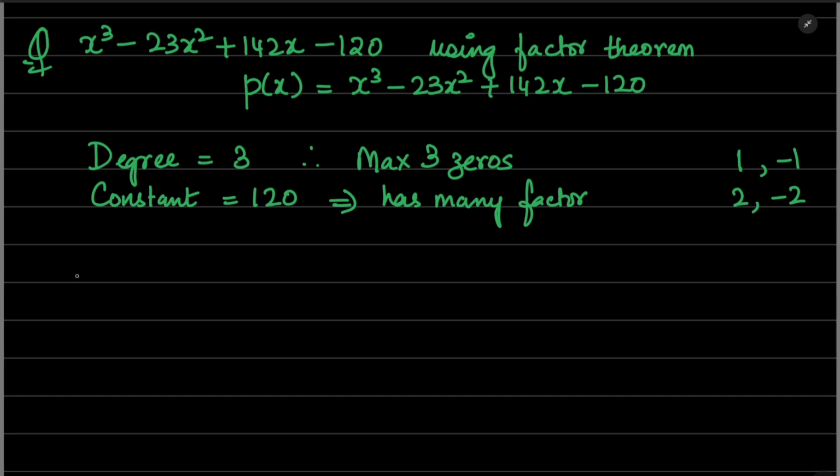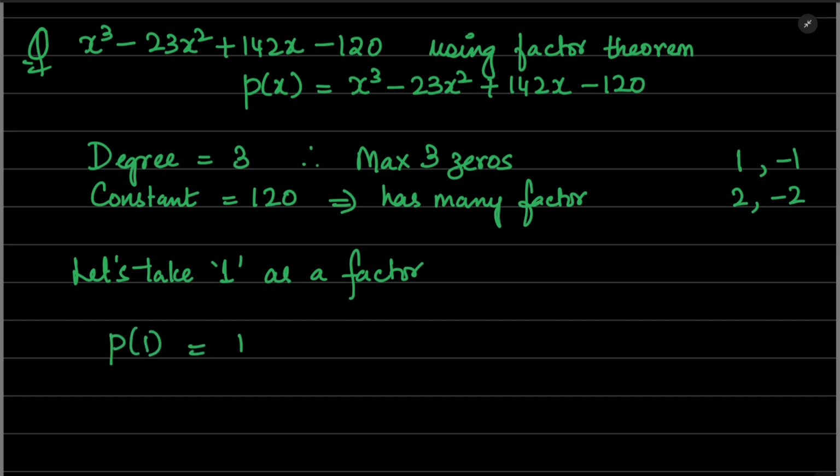So first let's take 1 and see if it is a factor. p of 1 equals 1 cube minus 23 into 1 square plus 142 into 1 minus 120.